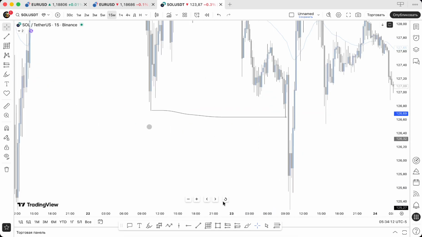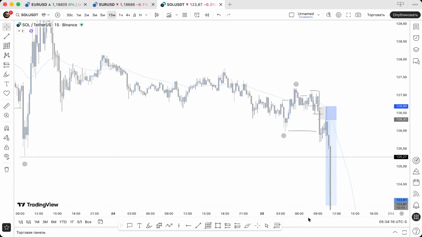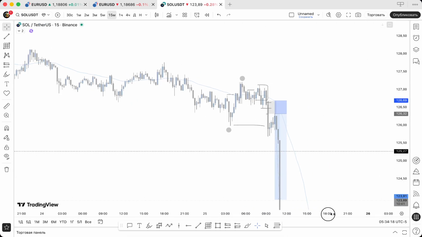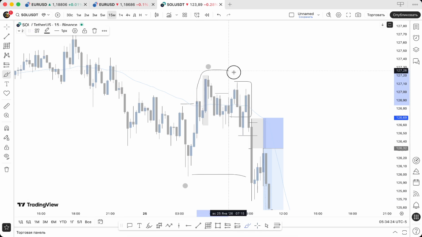At the EMA 15, we see that there was a deviation above this line. That is, we went behind it. In this deviation, you could go on sale. It was also a good confirmation that the price will fall. It removed the inducement here, removed liquidity, and continued to fall down.